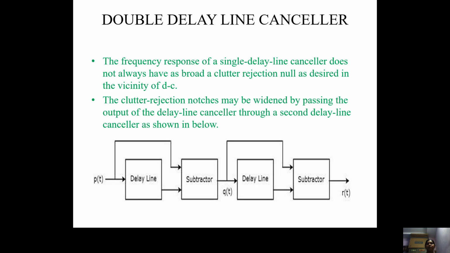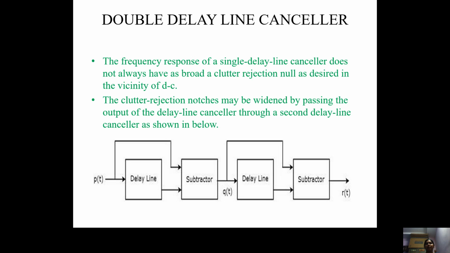Here we are going to use two delay lines, which is nothing but the double delay line concept, to avoid the clutter spectrum in a broad way. The frequency response of a single delay line canceller doesn't always have as broad a clutter spectrum null as resides in the vicinity of DC. The filter eliminates the DC components and allows only the AC components, which are the received echo signals from moving targets.